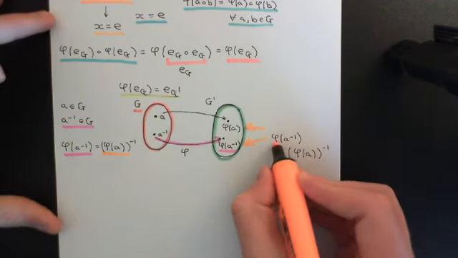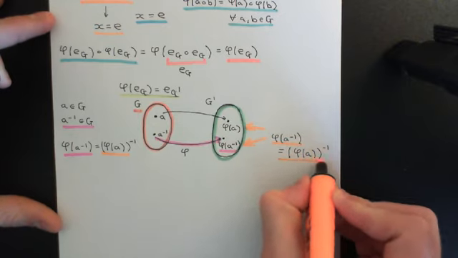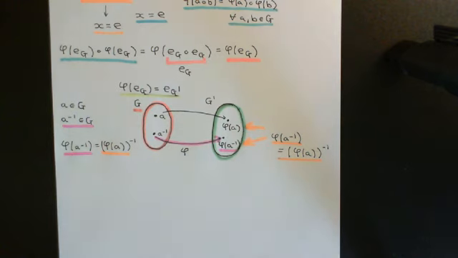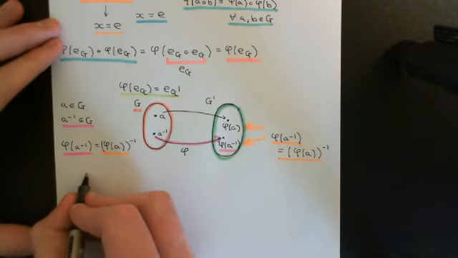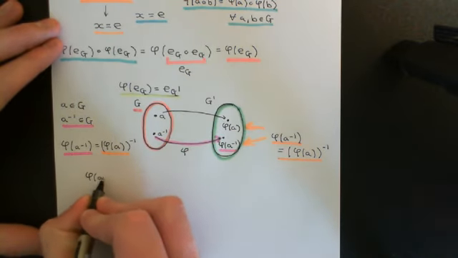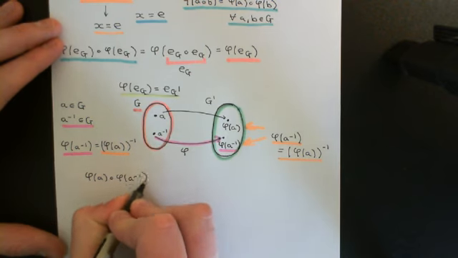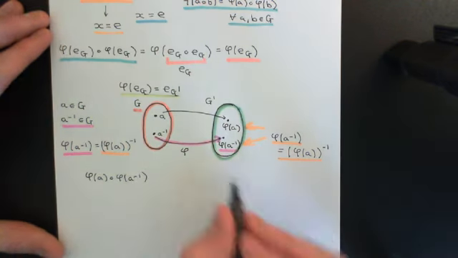So how do I show that? What I need to show is that these two things will compose with one another to give the identity in G prime. So what is phi of A composed with phi of A inverse? Is it going to equal the identity in G prime?